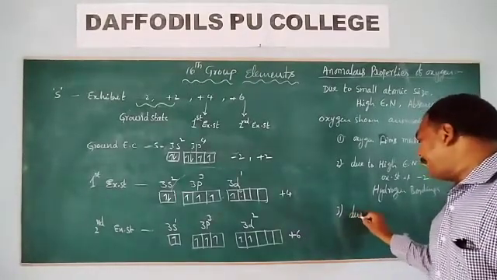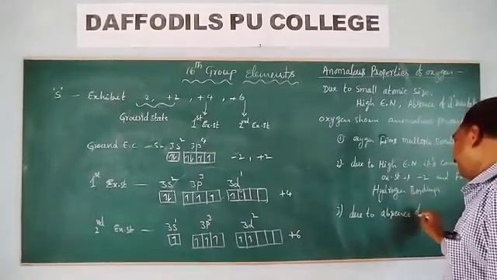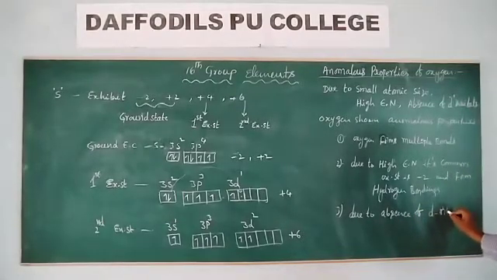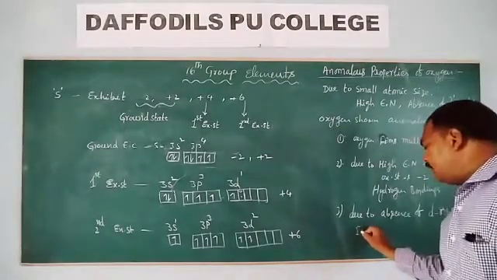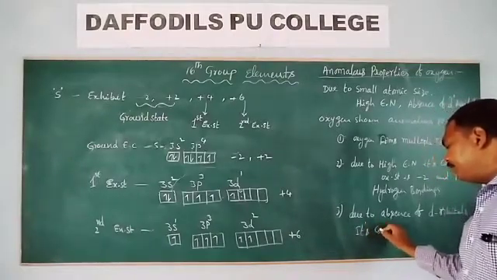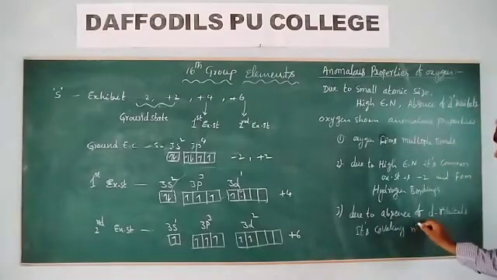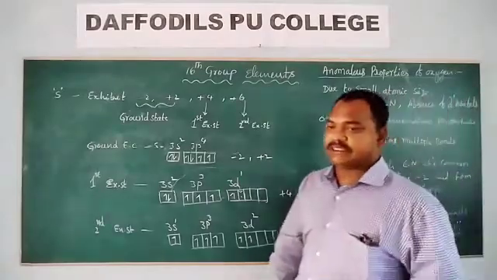Due to absence of d orbitals, its covalency does not exceed three, but the remaining elements' covalency exceeds up to 6.